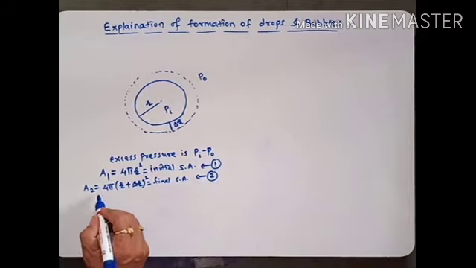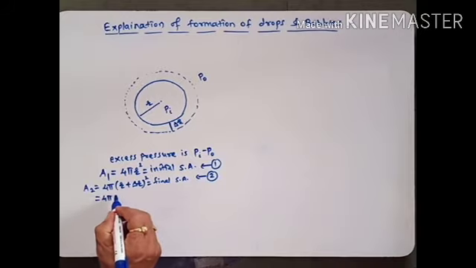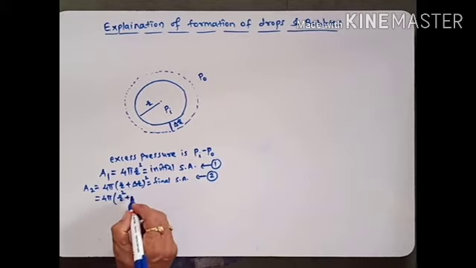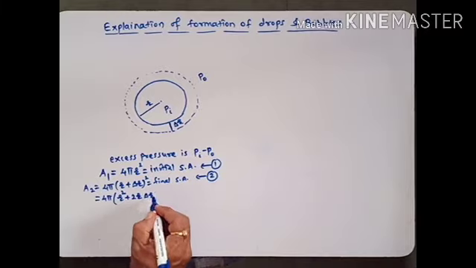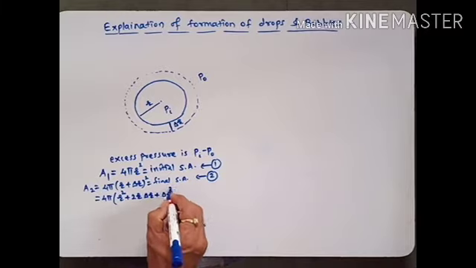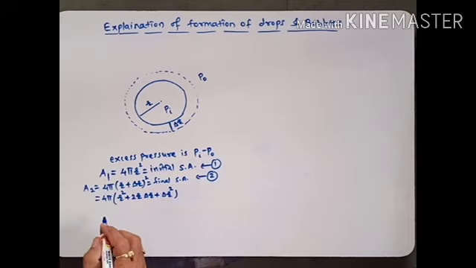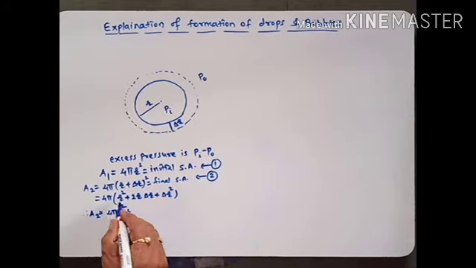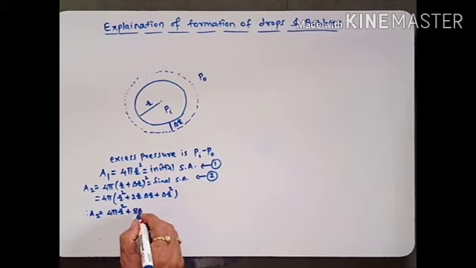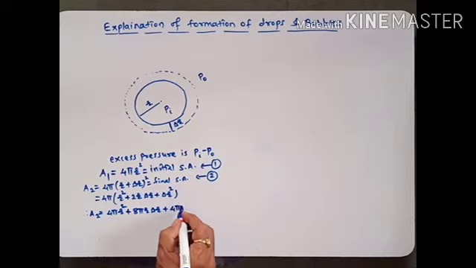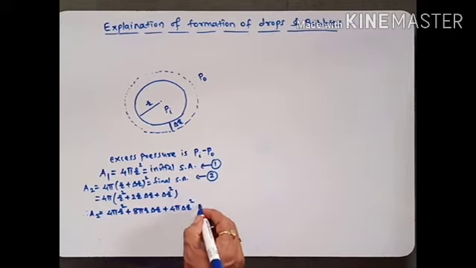Now this equation 2 we write like this, that is 4 pi into bracket, we expand this, r square plus 2r delta r plus delta r square. Therefore we write A2 is equal to 4 pi r square plus 8 pi r delta r plus 4 pi delta r square, and suppose this is equation number 3.